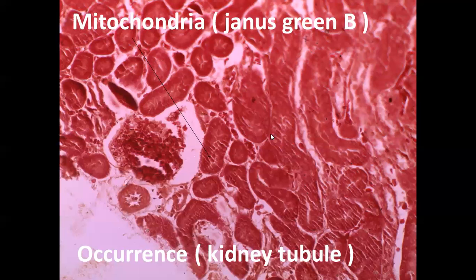But in another slide with hematoxylin and eosin, the nucleus and cytoplasm are clear. When we use Janus green B or any special stain, the nucleus is not demonstrated. This is one important point to observe.